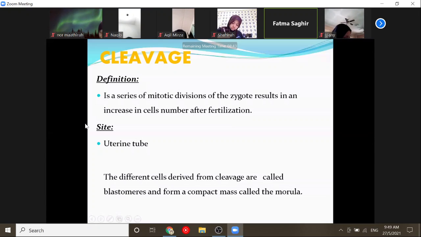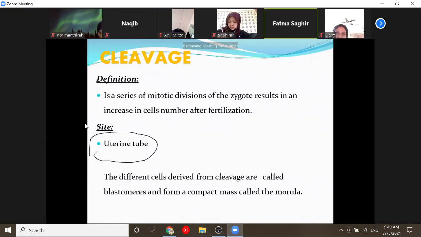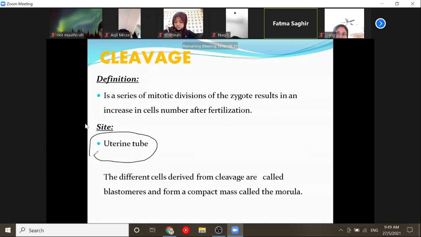From zygote until blastocyst, all happens within the fallopian tube or uterine tube. So the process between fertilization and implantation, from zygote until blastocyst, all happens within the fallopian tube.